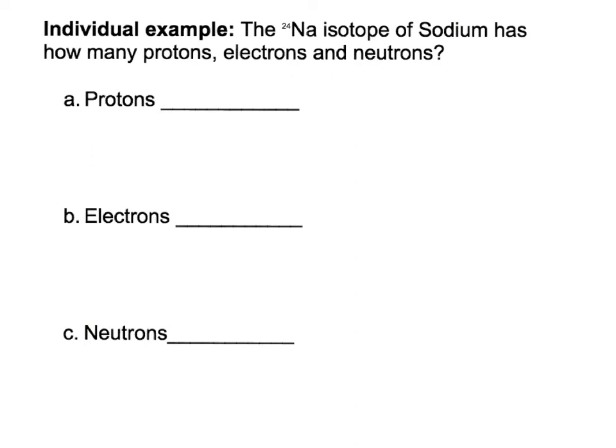The individual example for this learning target asks this: the sodium-24 isotope of sodium has how many protons, electrons, and neutrons? So pause the example here, try it on your own, and then resume watching to check your answer. Alright, so the important thing to realize here is what this symbol means.